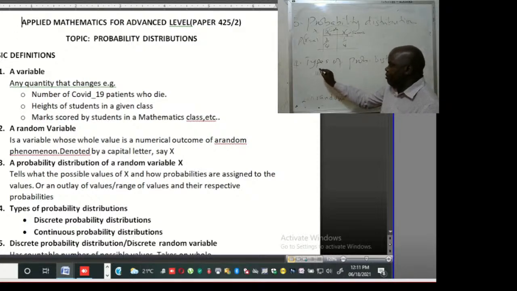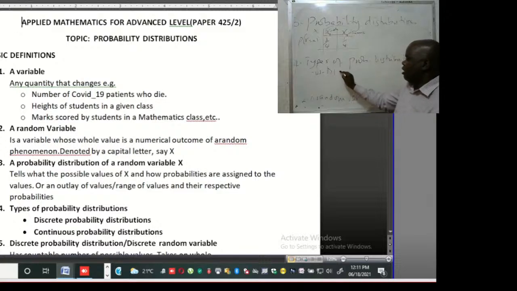The first type is a discrete probability distribution.